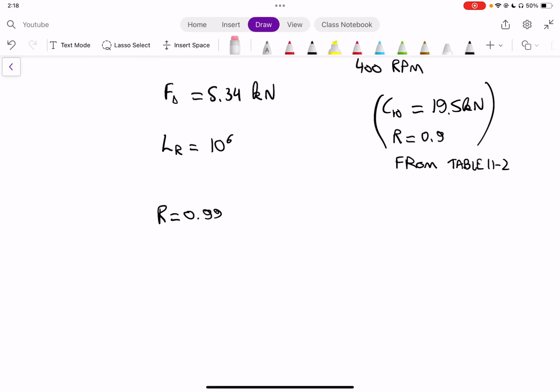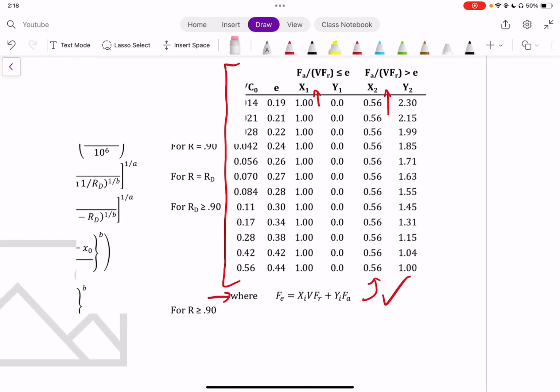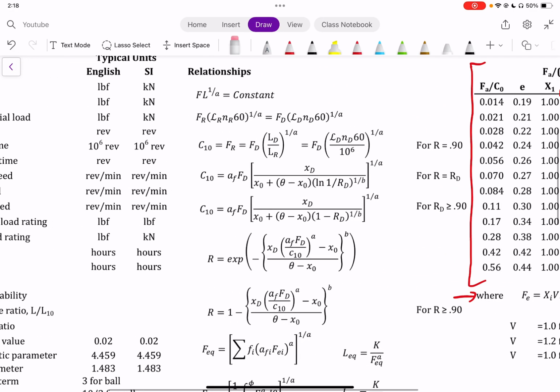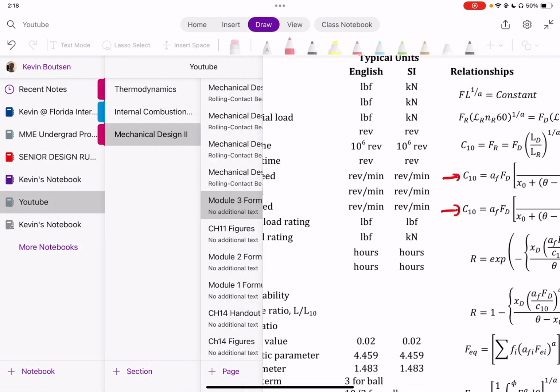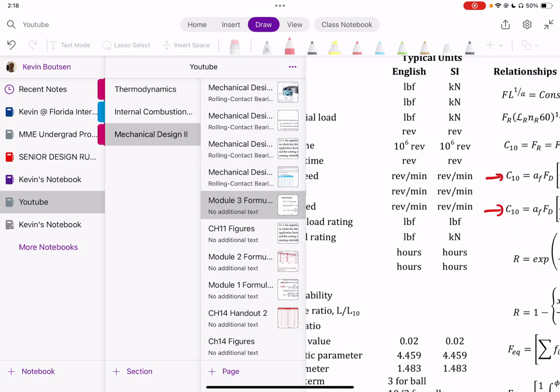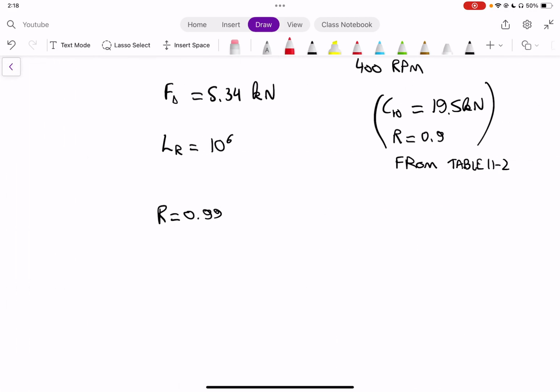Going back to our formula sheet, we could use either this equation, which is slightly more accurate, or this equation, which is slightly less accurate. We can write that equation down, and then we'll look at what we're looking for in that equation. So I'll skip a step first, write down the equation, and then figure out what I'm looking for.